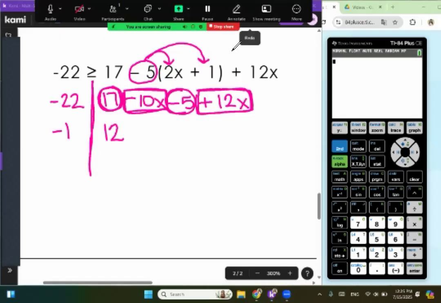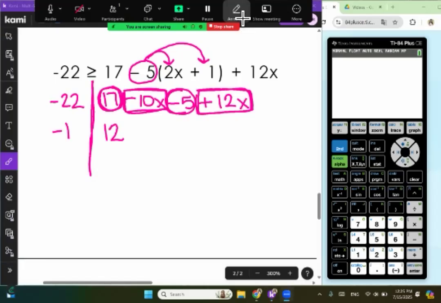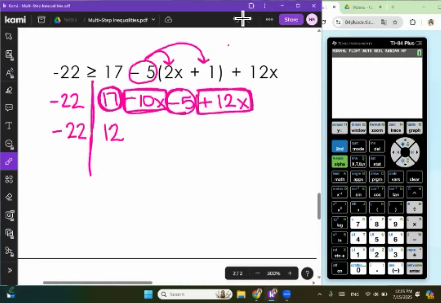Nope. Stop. I was trying to erase this one. There we go. Now, negative 10 plus 12 gives us a positive 2x.